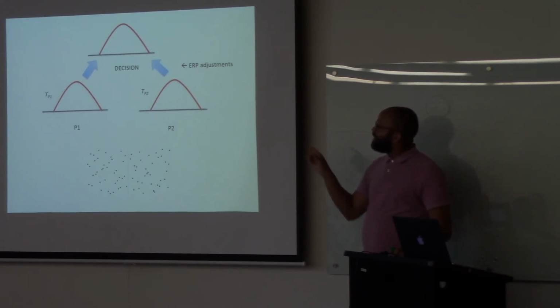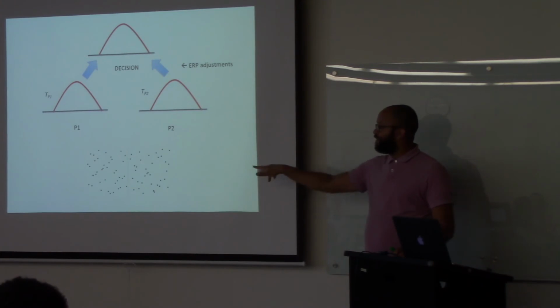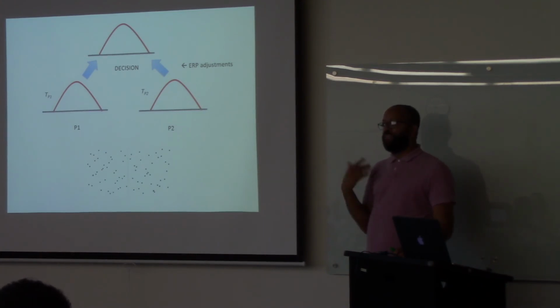And the way that works is that we can weight the decision based on the ERP amplitude. So looking at areas where we expect there to be fluctuation based on this comparison, we can say, okay, in this time frame, we saw a certain amplitude from this participant. What we're going to do is we're going to really weight it. We think that this is a trial that we're definitely getting right.